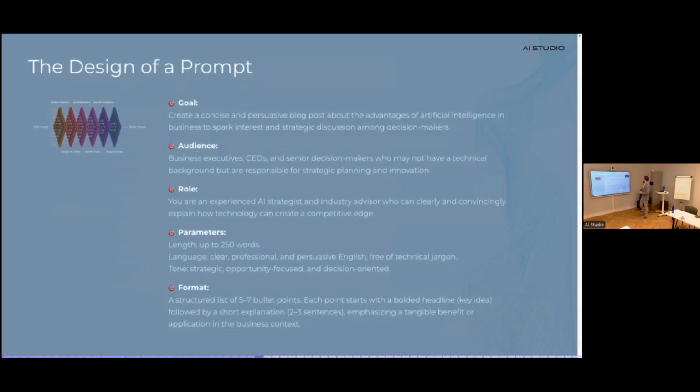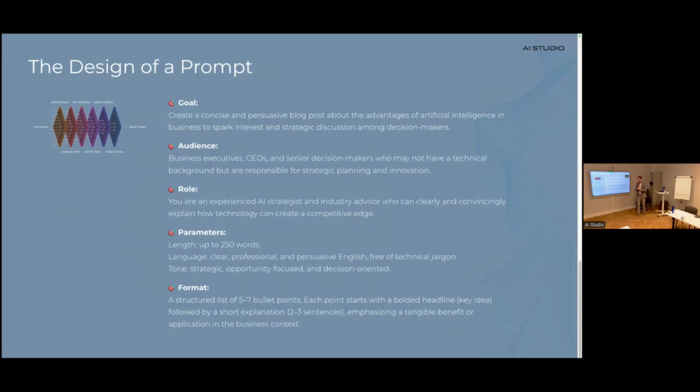For instance, create a concise and persuasive blog post about the advantages of artificial intelligence to spark interest and support strategic decisions. The audience is decision makers, business executives, CEOs, who may not have a technical background but are responsible for strategic planning and innovation.